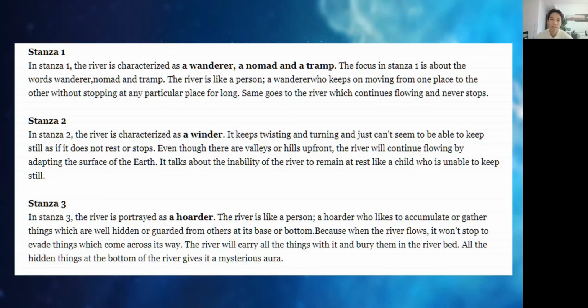Okay, for the next stanza, the river's a winder. So what does winder actually mean? We can see from this stanza that it keeps twisting and turning and just cannot seem to keep still.